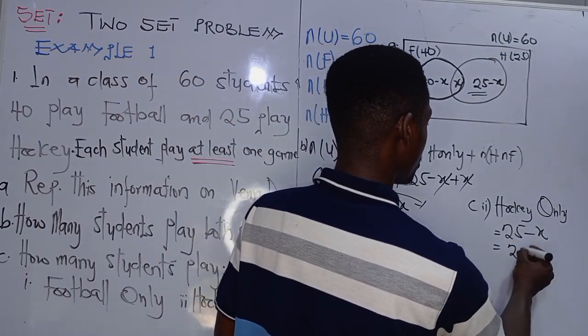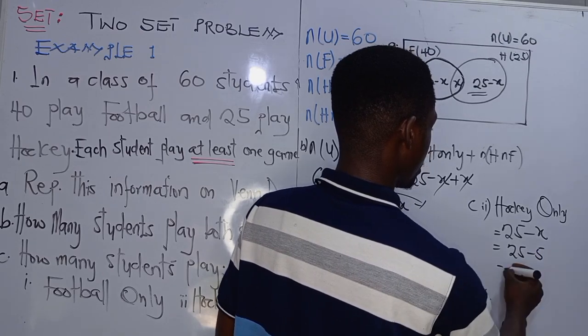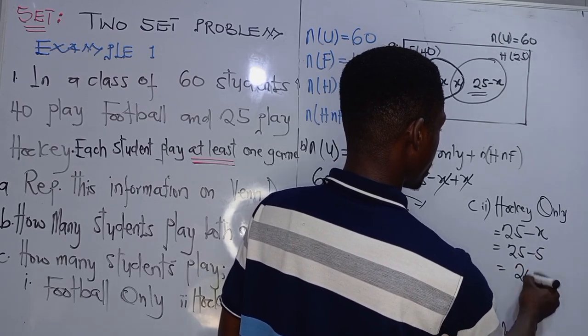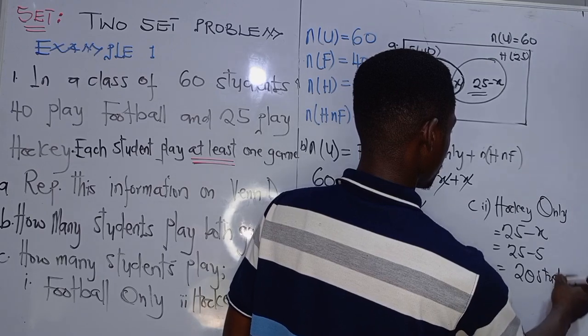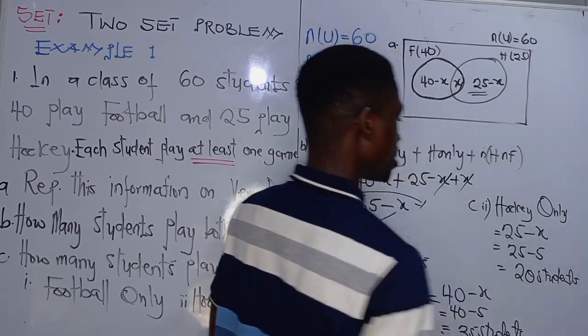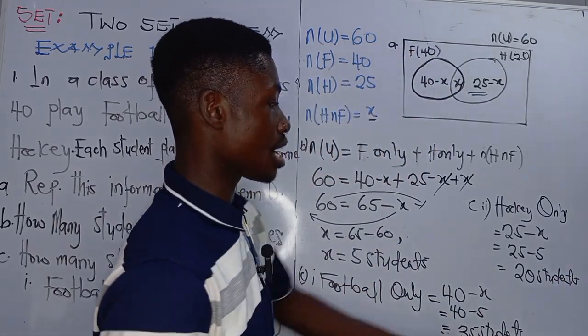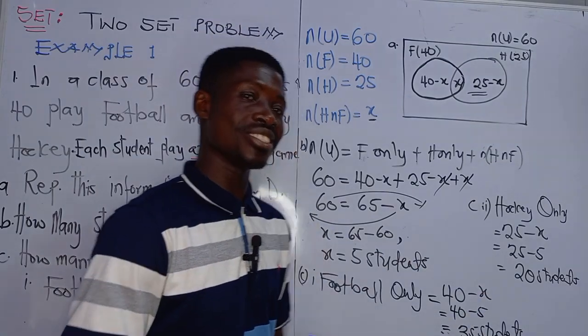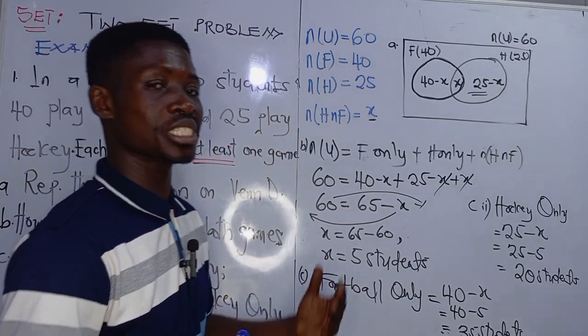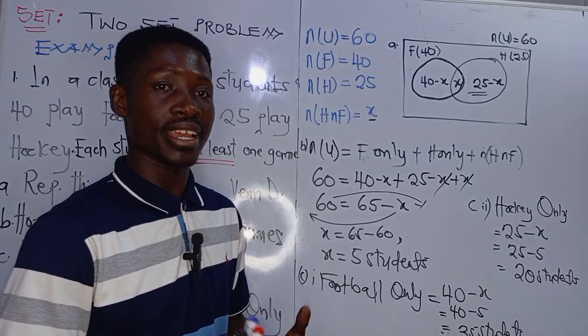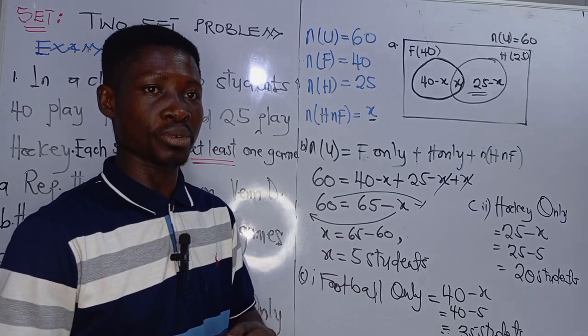So we have 25 minus 5. And that gives us 20. So the number of students who play hockey only, we have 20 students. You see how questions on two-set problem are very easy. Let's take our last example.